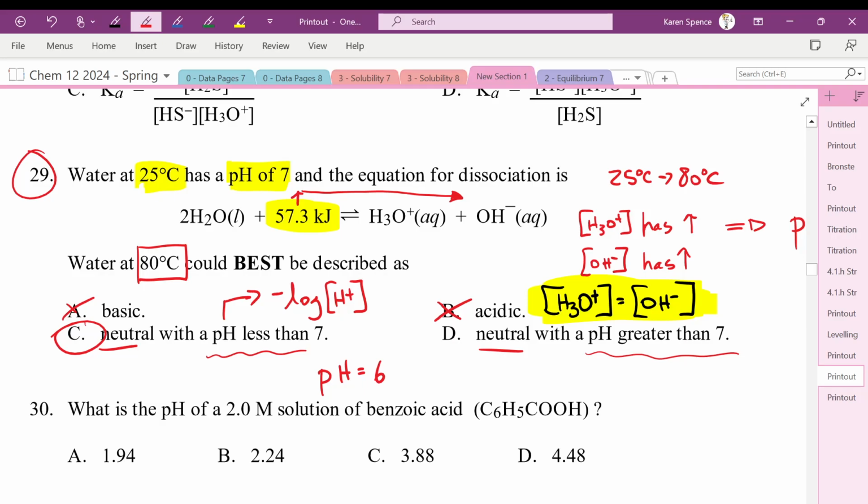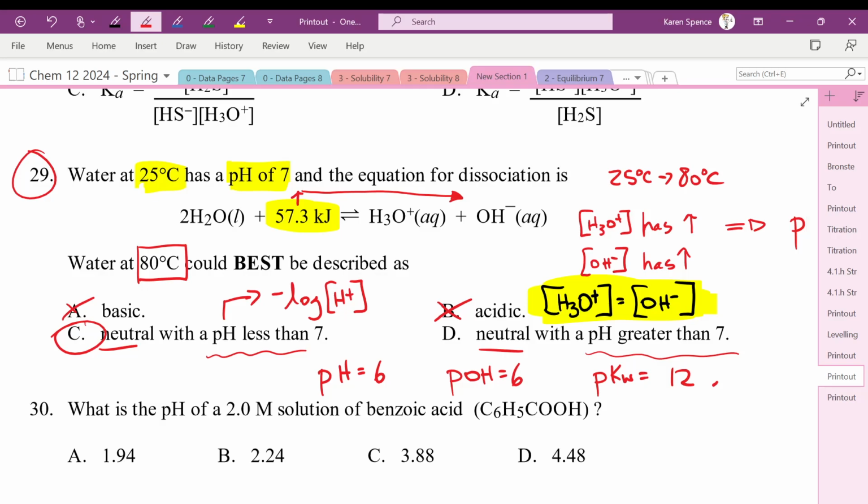Say pH is 6. That would mean that pOH is also 6, which means that pKW would be 12. Yeah? So if it asks for the pOH question, it would be less than 7 also. Yeah, perfect.